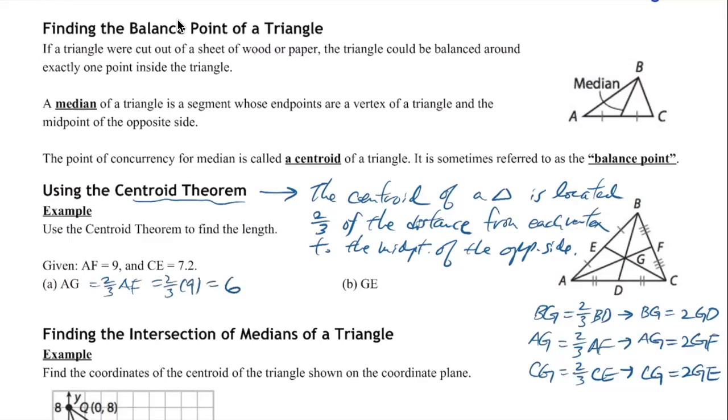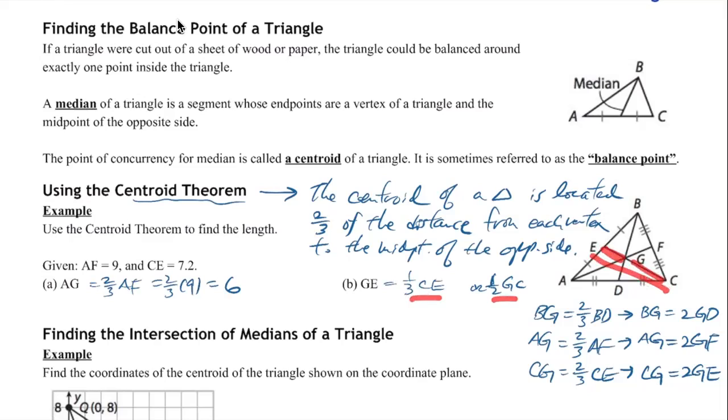All right, how about GE? We're looking for GE. GE is either 1/3 of CE or it is 1/2 of GC, isn't it? Because GE is 1/3 of the whole length. So it is either 3 times that is equal to the whole length or twice that is equal to GC.